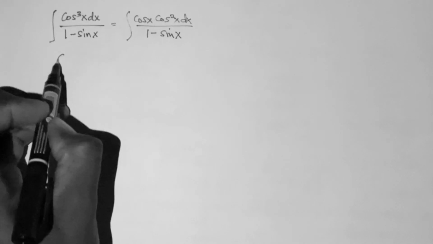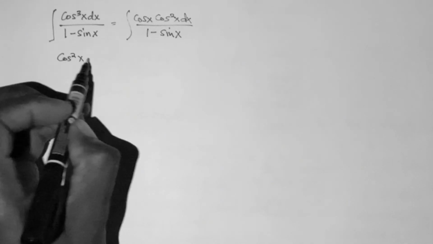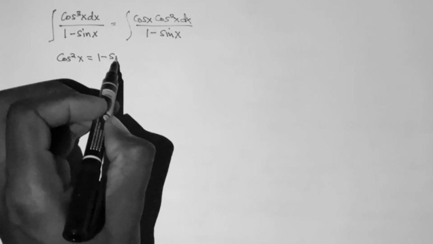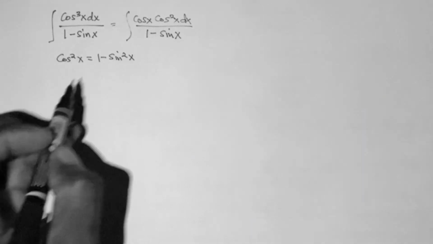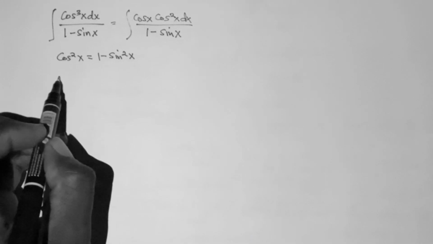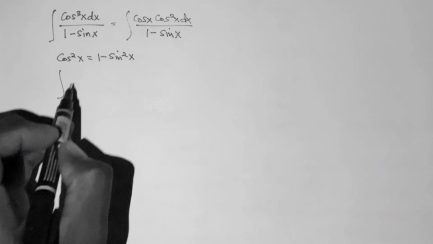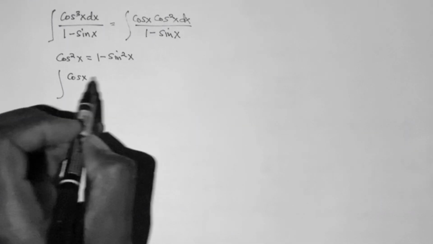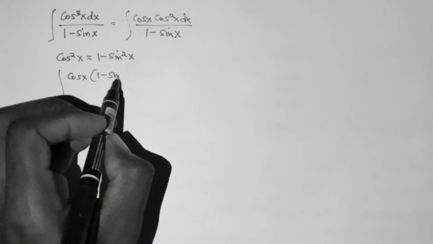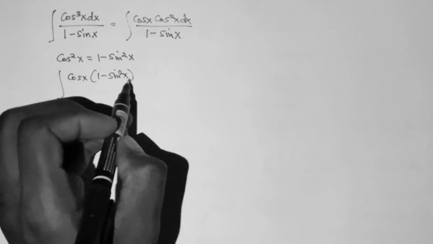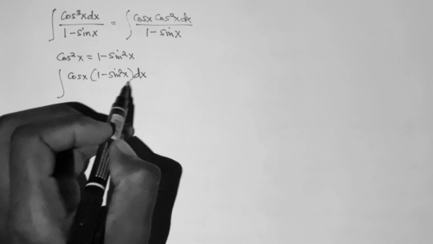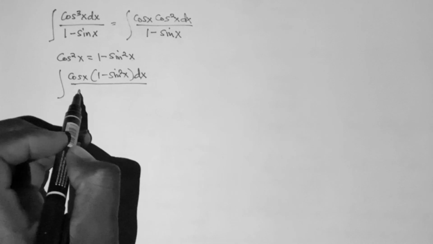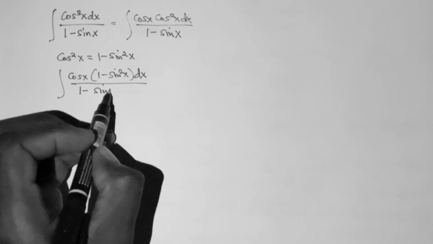But we know that cos squared x is equal to 1 minus sine squared x from the trig identity. So the integral becomes the integral of cos x, then cos squared x becomes 1 minus sine squared x dx, divided by 1 minus sine x.